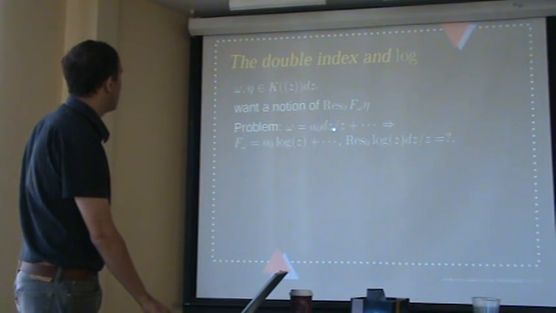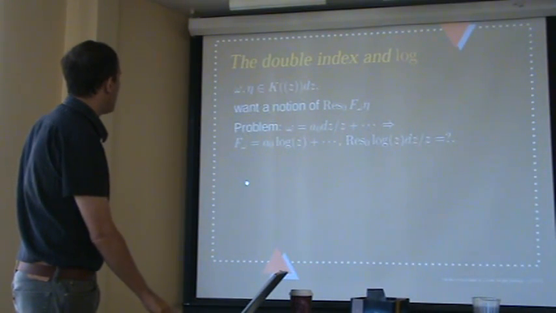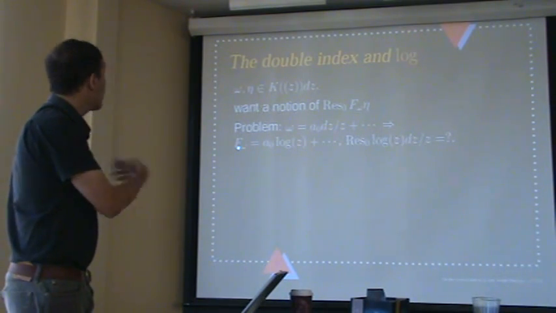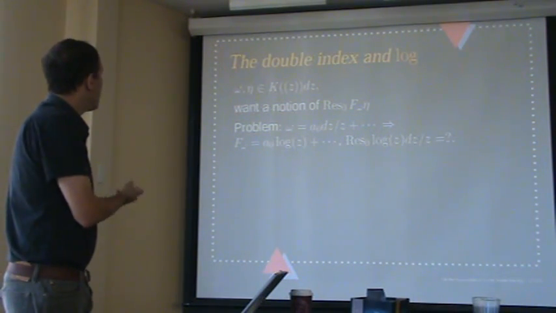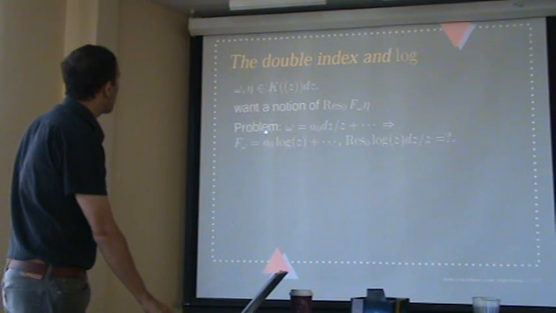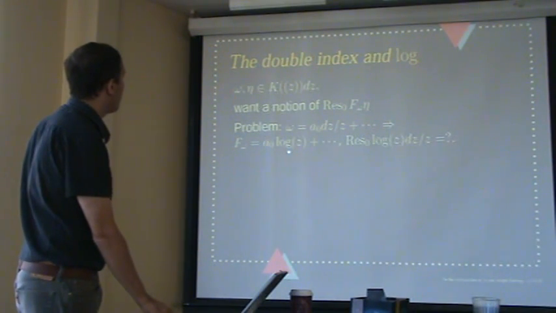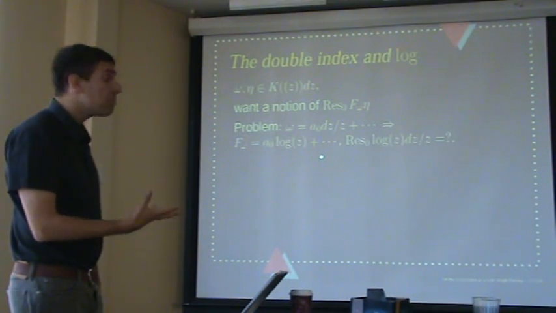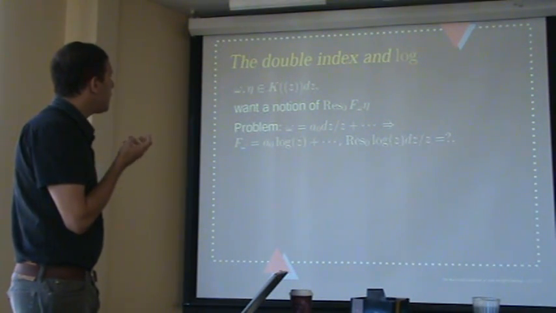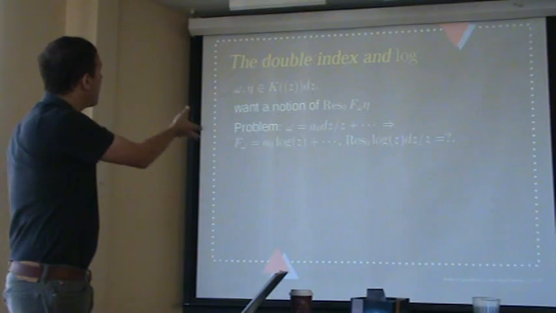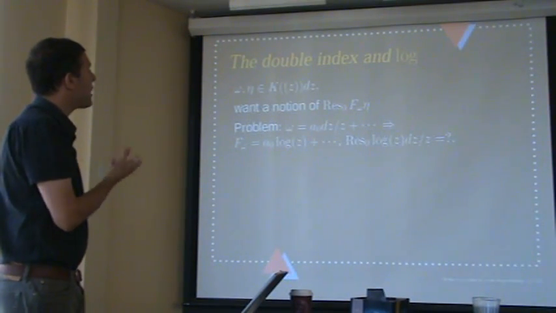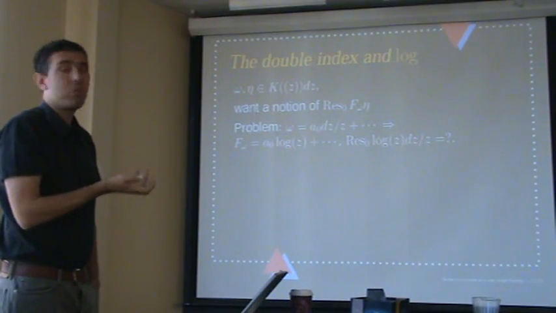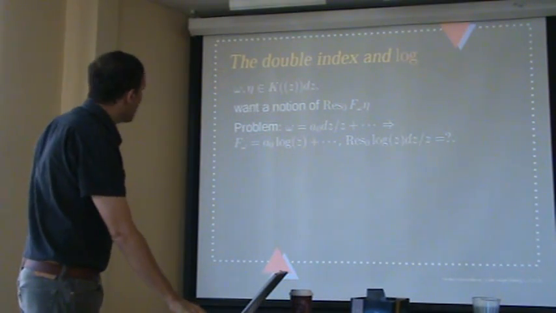And then if I integrate it again formally, and Coleman integration would locally look completely formal, you're going to get in f omega something like a naught log z, because the integral of dz over z formally is log z. So to make a notion like that, you're going to have to say what is the residue at zero of something like log z dz over z. So it's something kind of weird.